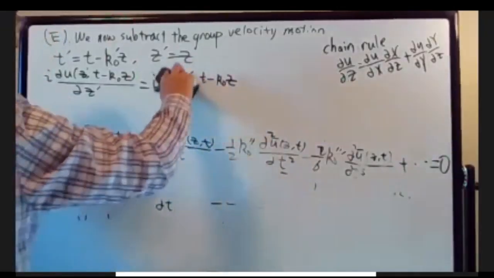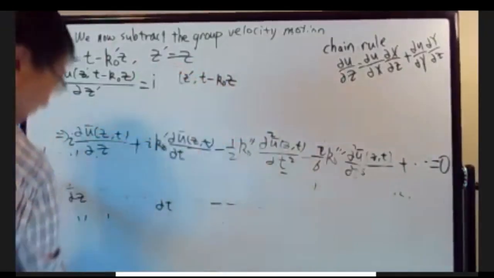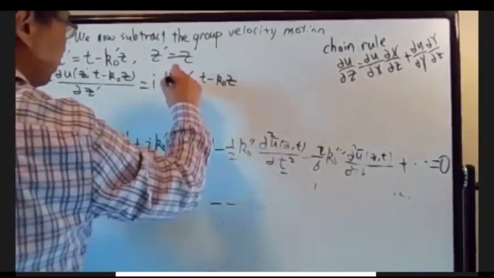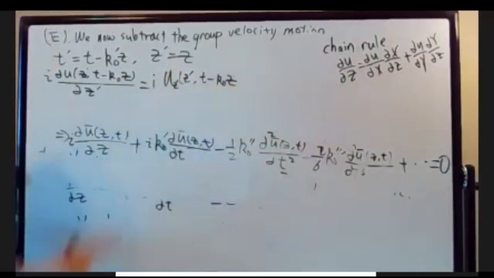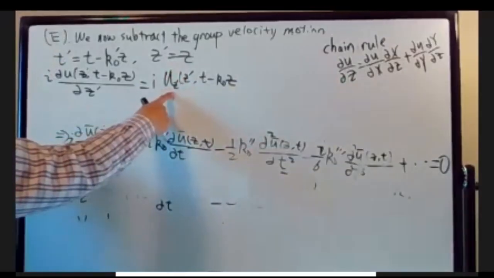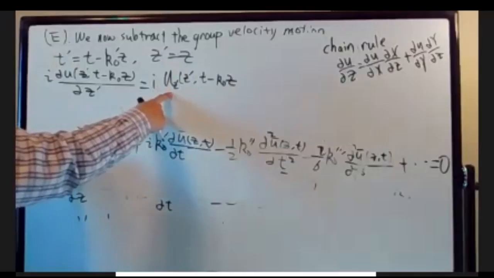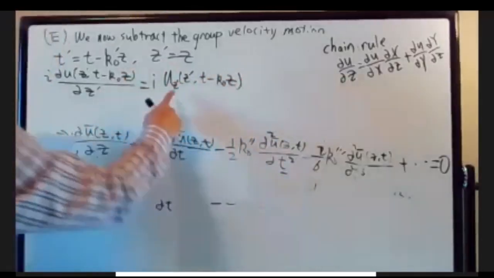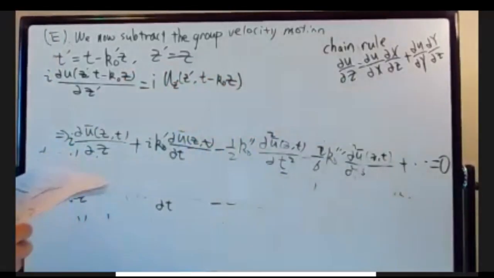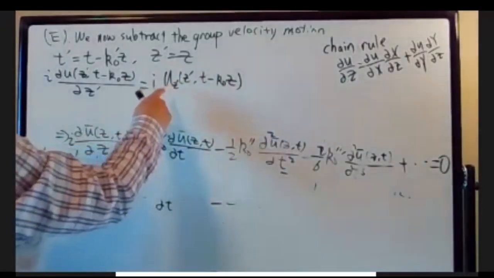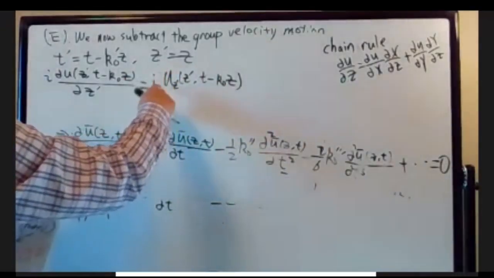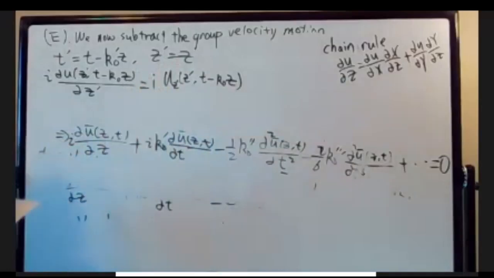But let me write it as u over z. I'm representing this as the derivative with respect to z prime, so I'm writing my notation with this partial u, partial z prime.